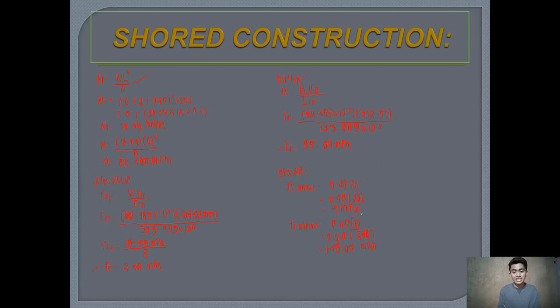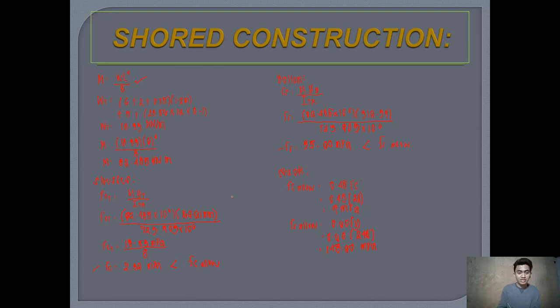So check now, for the stress of concrete, the allowable stress for concrete is 9 megapascal. So it should not exceed 9 megapascal. So this is less than Fc allowable. And then for Fs, the allowable stress for steel is 148.80, which is greater than the computed Fs.